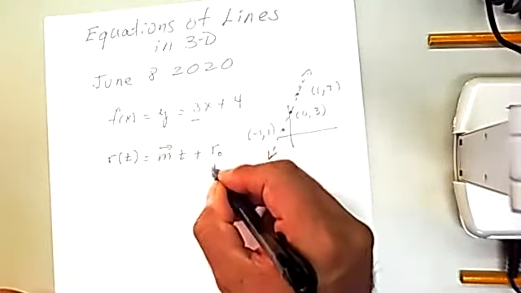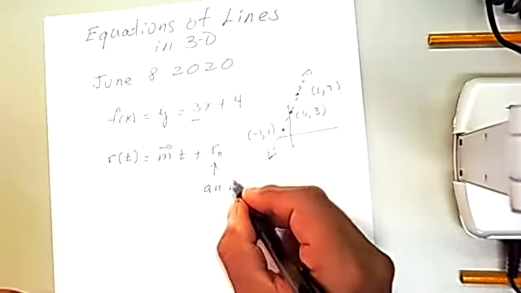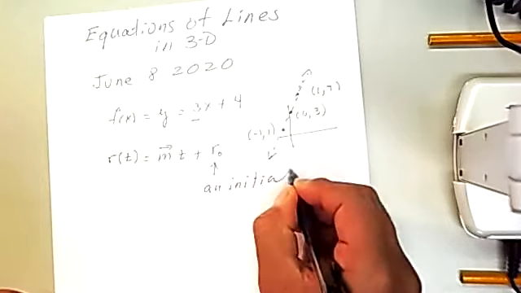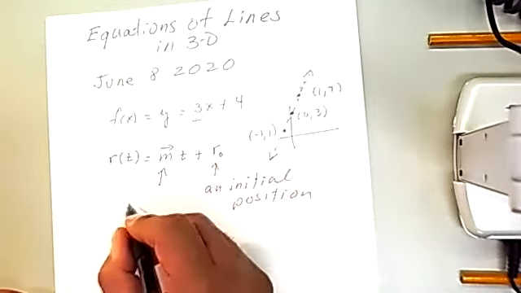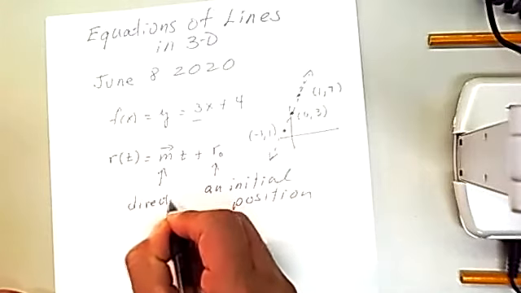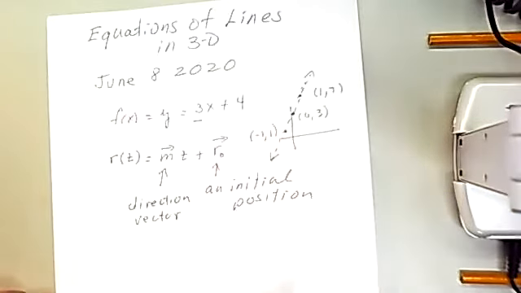So this is going to be an initial position, and this is a direction vector. Both are vectors, but as I mentioned in a previous video, a vector could represent a direction or a position depending on the context in which it is used.